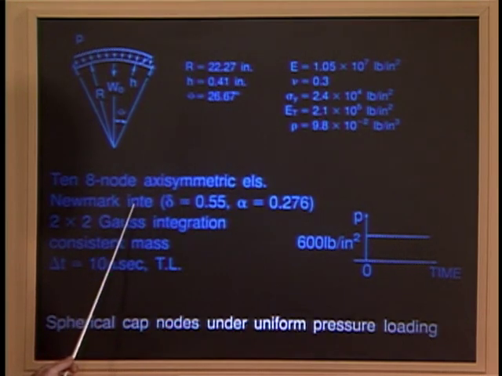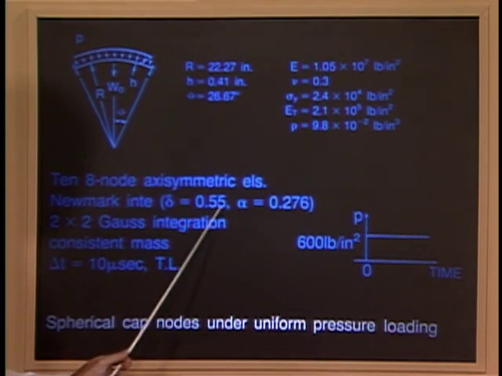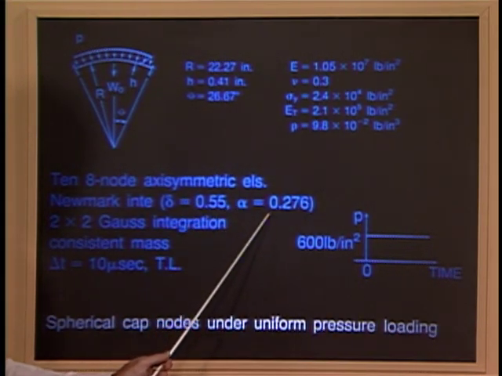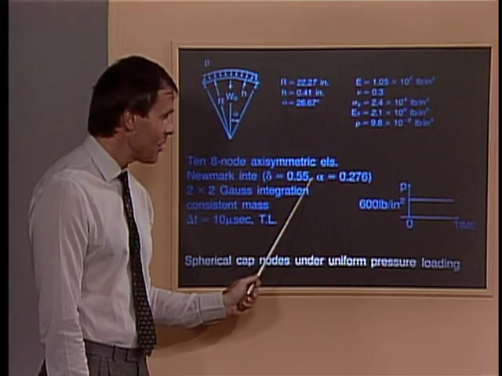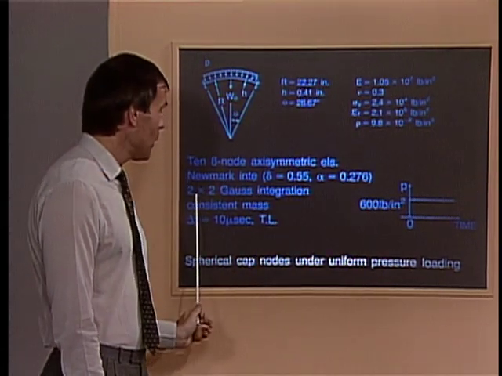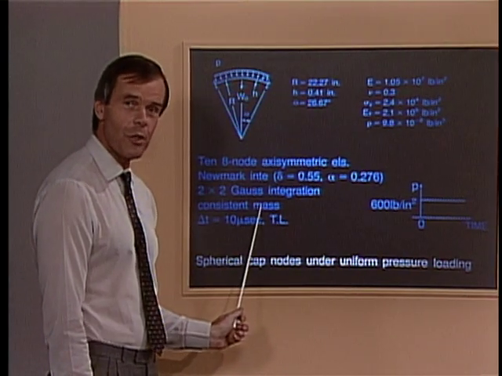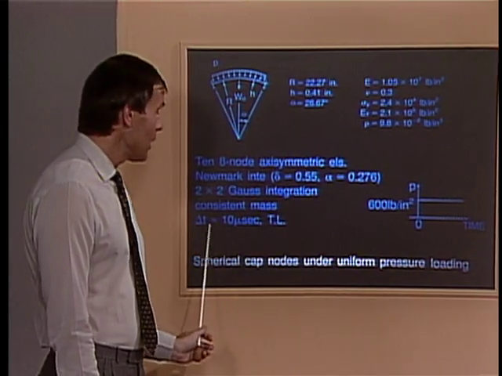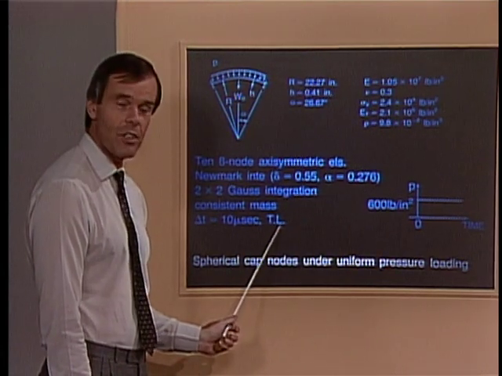We used Newmark integration with delta and alpha as given here. We chose these values because Nagarajan and Popov had chosen these same values, and we wanted to compare with their solution. We used 2x2 Gauss integration and a consistent mass matrix for the problem. The time step was 10 microseconds, and we used the total Lagrangian formulation in the analysis.